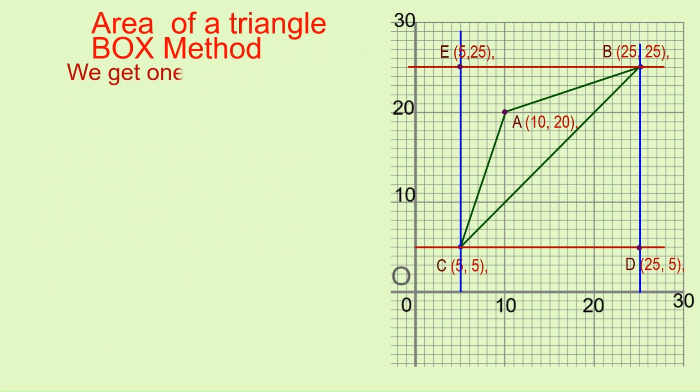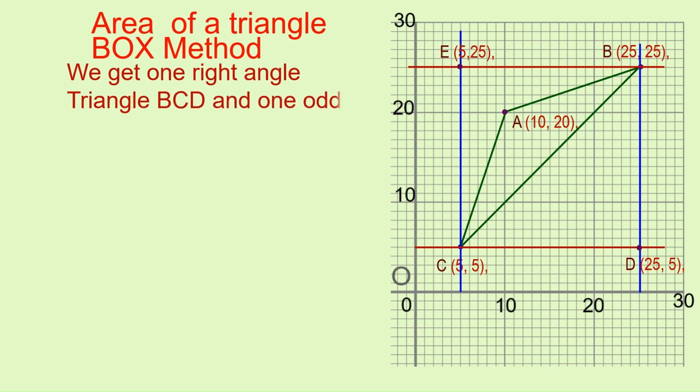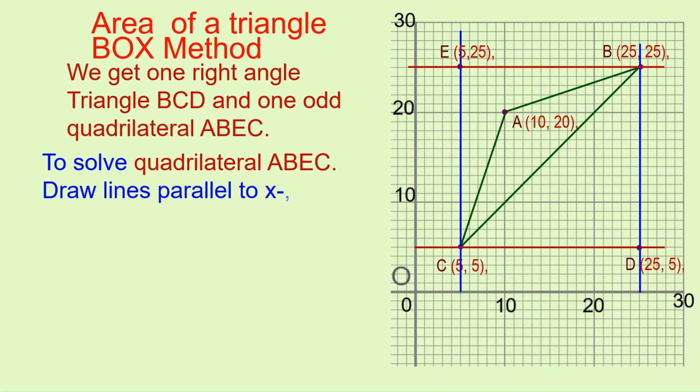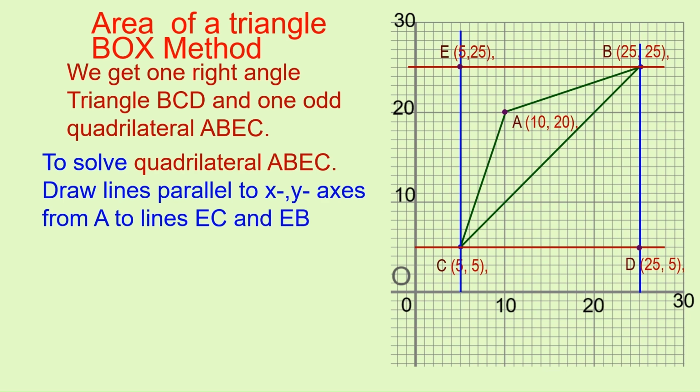In this case, we get one right-angled triangle BCD and one odd quadrilateral ABEC, as point A was not touching the box. To solve further, and to make it easier, draw lines parallel to the X axis and Y axis from A to lines EC and EB.